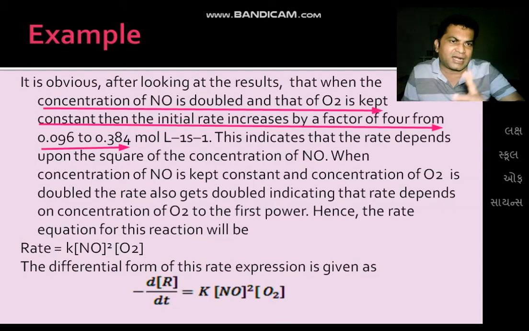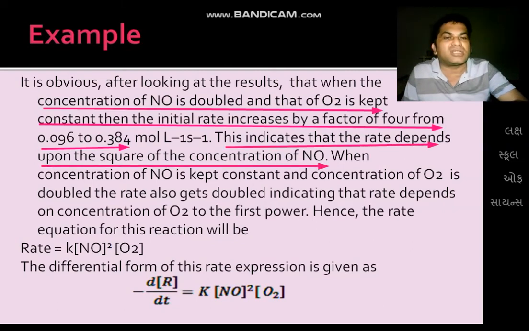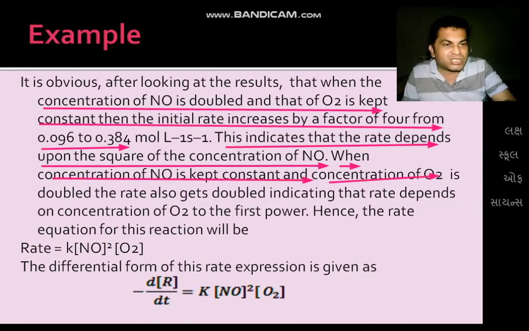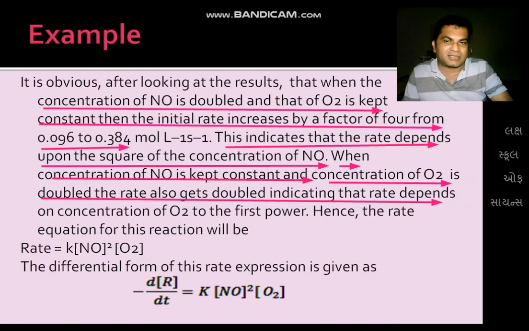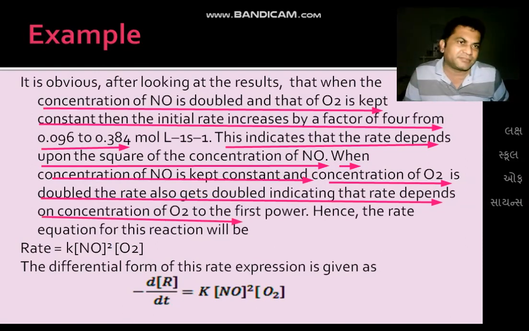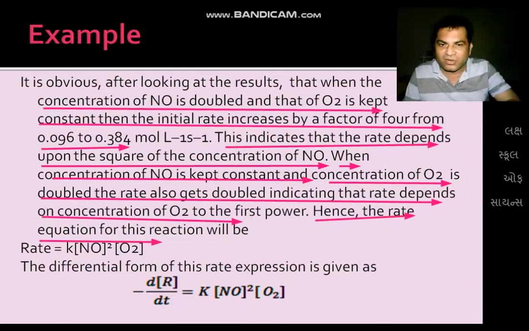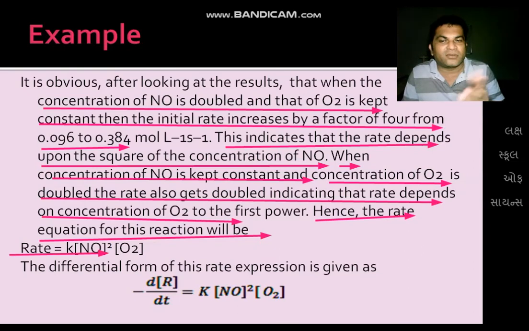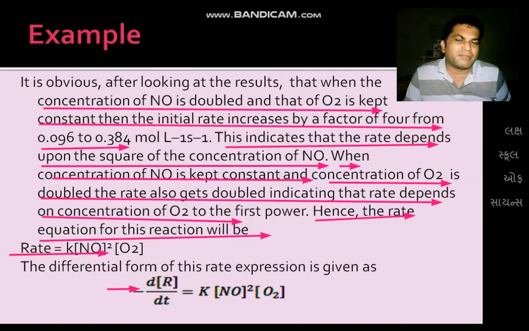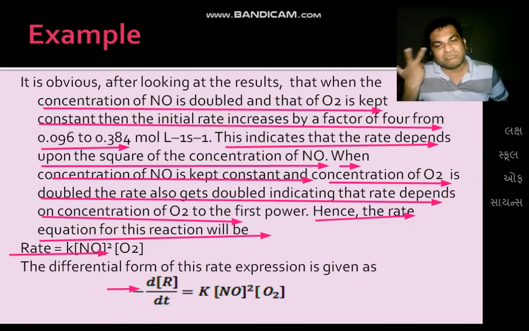A 4 times increase has occurred. This depends upon the square of the concentration of NO. NO has a power of 2, because when it doubles the rate increases by the power of 2. When the concentration of NO is kept constant but the concentration of oxygen is doubled, the rate also doubles, so the rate depends on oxygen to the power 1. Hence the rate law will be written in this form: rate is equal to k [NO]^2 [O2], and in differential rate form, minus d[R]/dt equals k [NO]^2 [O2]^1.